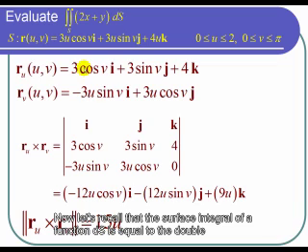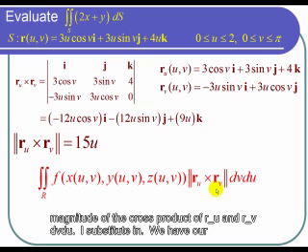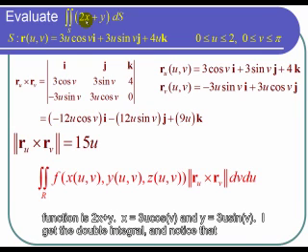So now let's recall that the surface integral of a function dS is equal to the double integral over the region of the function evaluated at x of u,v, y of u,v, and z of u,v times the magnitude of the cross product of r_u and r_v dv du. So I substitute in. Our function is 2x plus y. x is 3u cosine v, and y is 3u sine v.